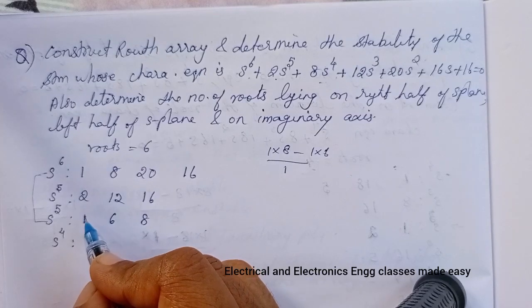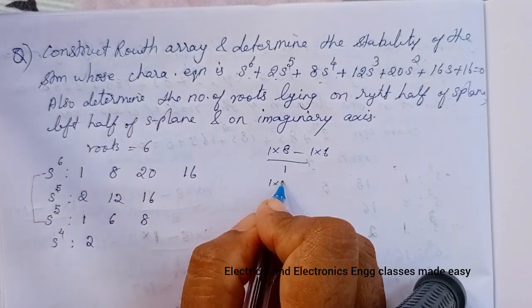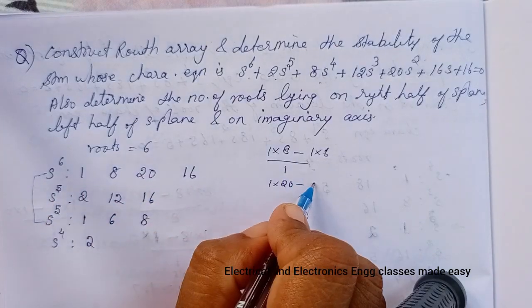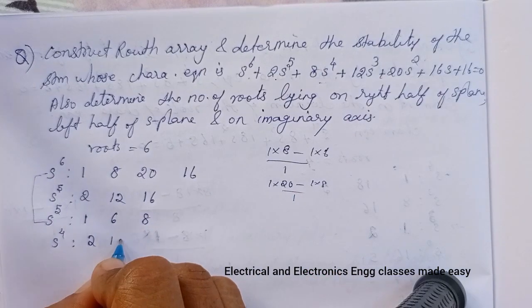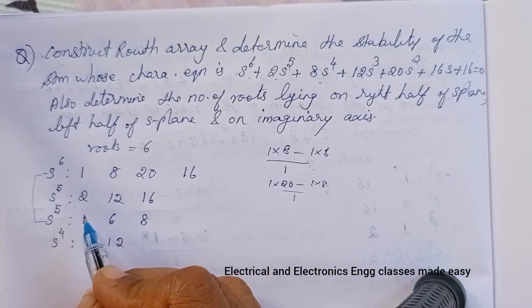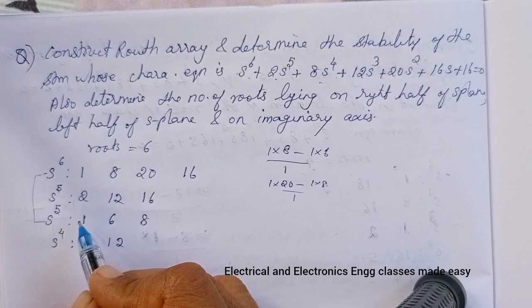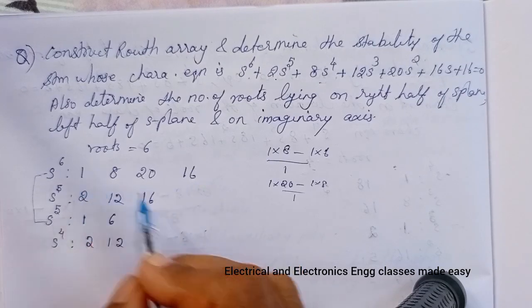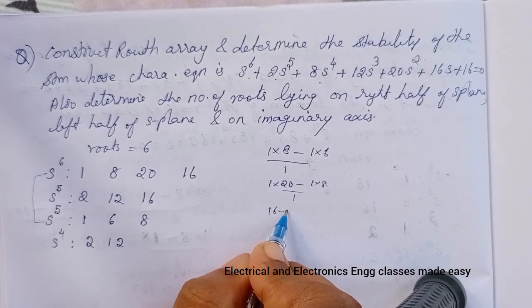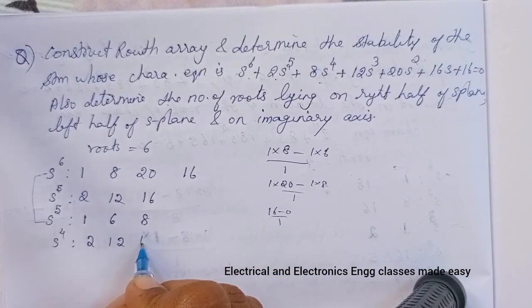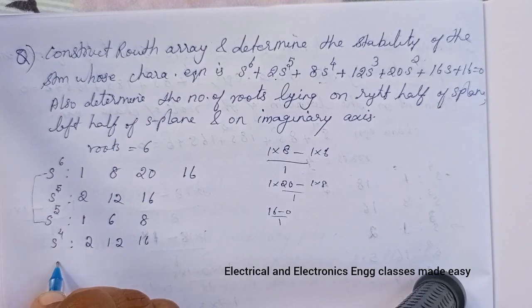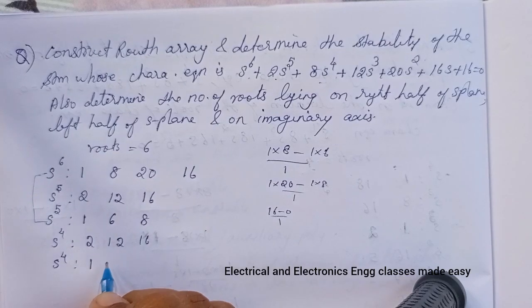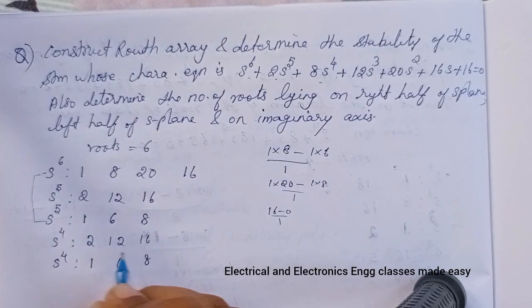Then next is 1 into 20 minus 1 into 8 divided by 1, that is 12. And next is 1 into 16 minus 0 divided by 1, that is 16. So here also we can divide by 2, that is s raised to 4 is again we can write as 1, then 6, 8.